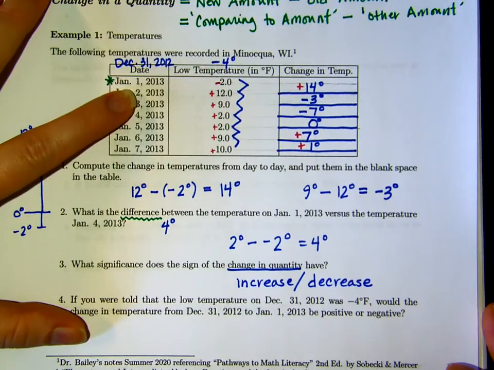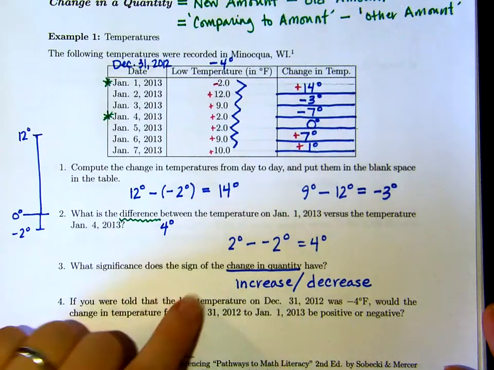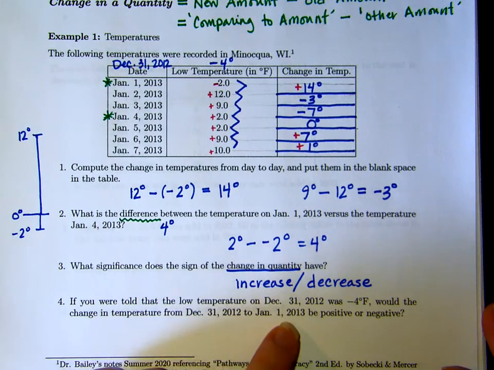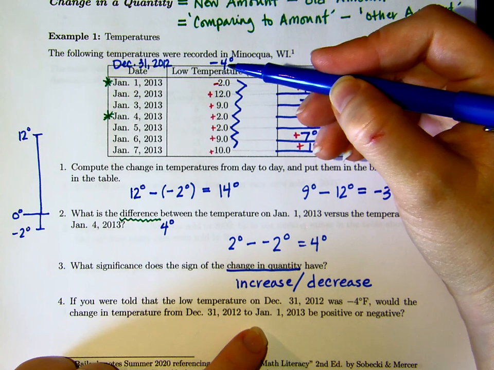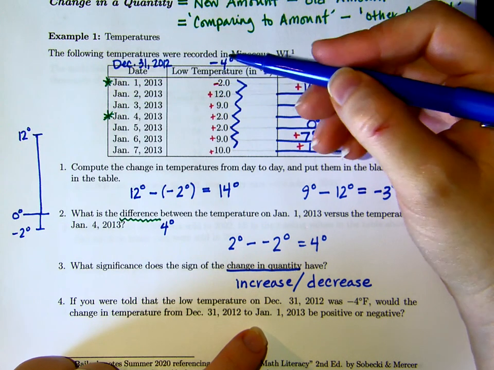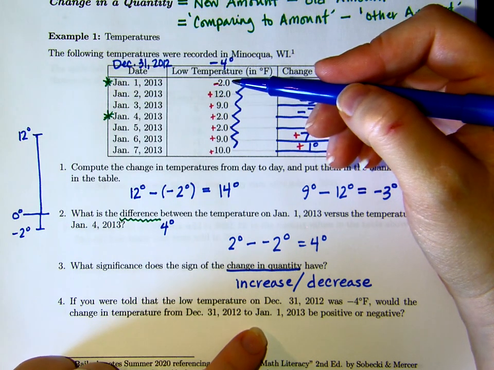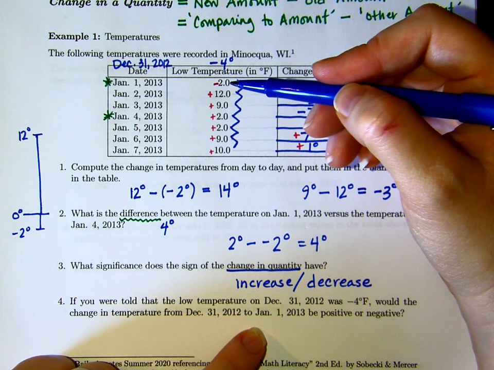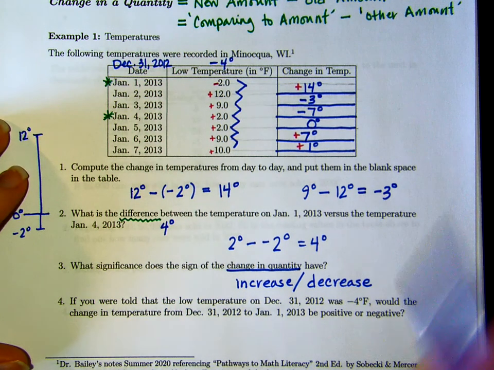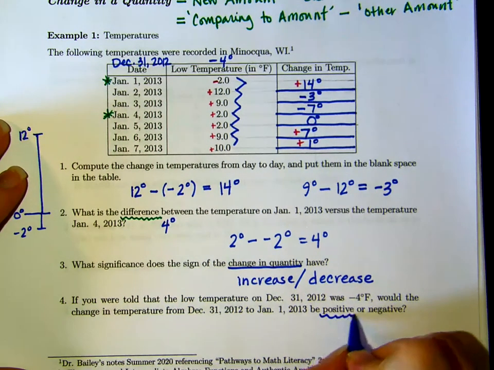Got it. Would the change in temperature from the 31st to the 1st be positive or negative? Well, it went from 4 below to 2 below, so this change, I claim, will be a positive because it actually increased in temperature or got less frigid. So this will be positive.